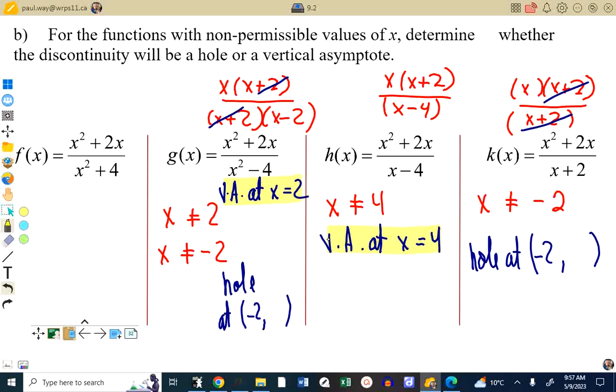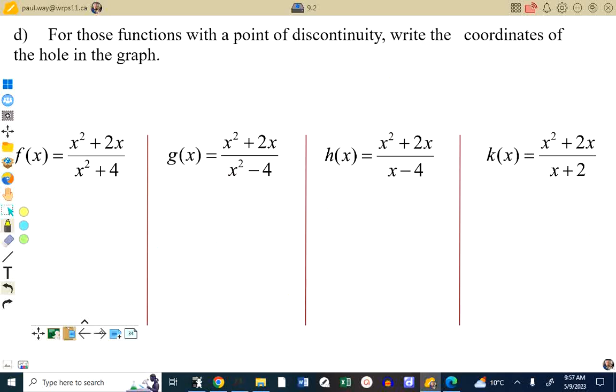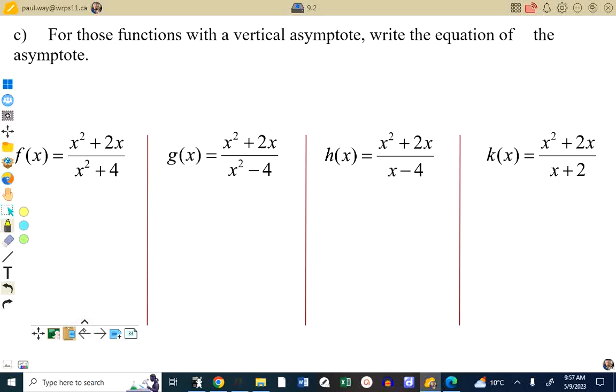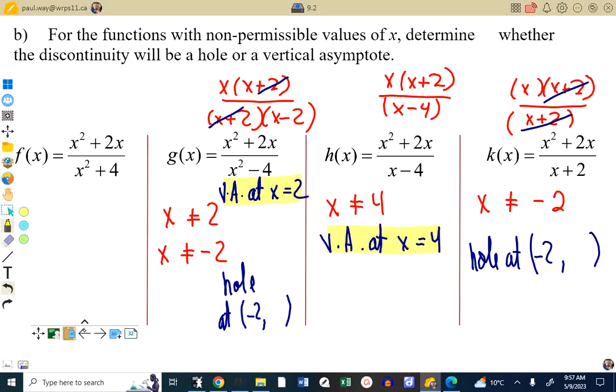What does D say? D asks us, I believe, if there's a point of discontinuity or a hole, what are the coordinates of the hole? Well, I've already got half of the coordinates of the hole, right? For g of x, the hole is at negative 2.